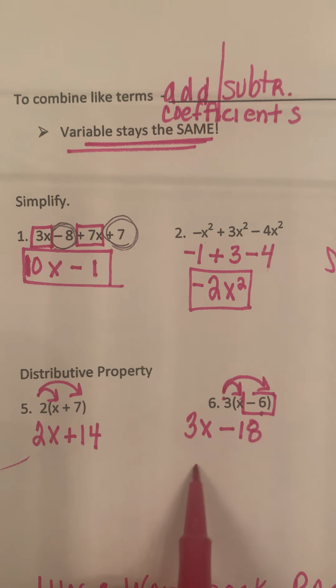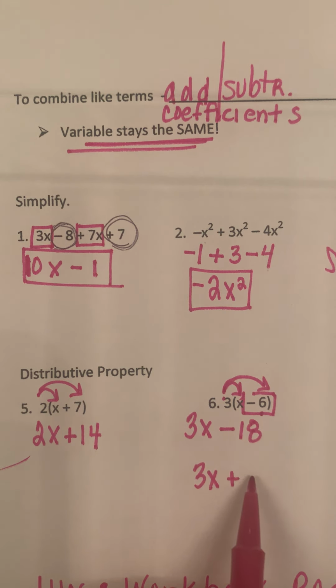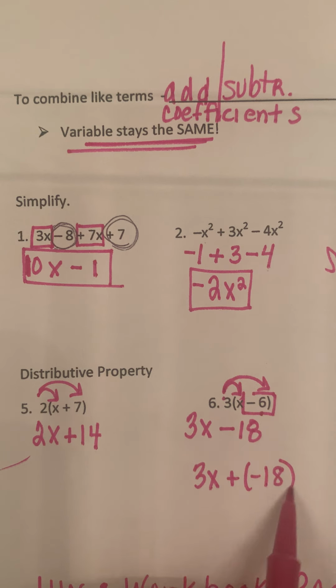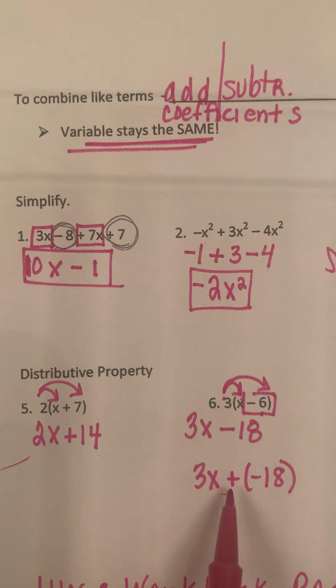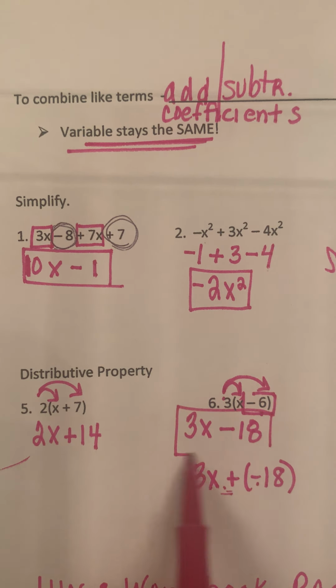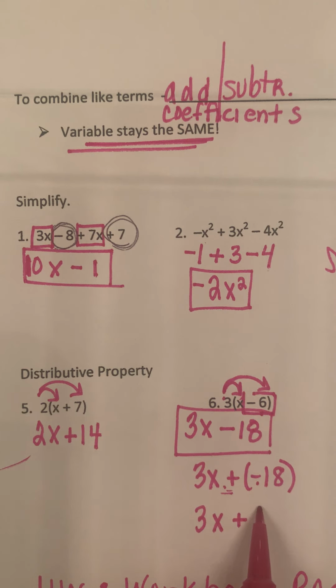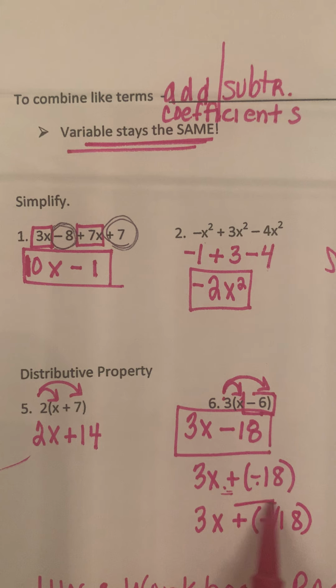Okay? If you wrote it like this, I'm not sure if in Math 7 you ever moved out of that. We don't want to do this anymore. Instead of plus minus, you just want to make it a minus. The reason is this. If I said to you 3x plus a positive 18, do you ever write it like that? We never write plus a positive, right? So we don't want to write plus a negative.